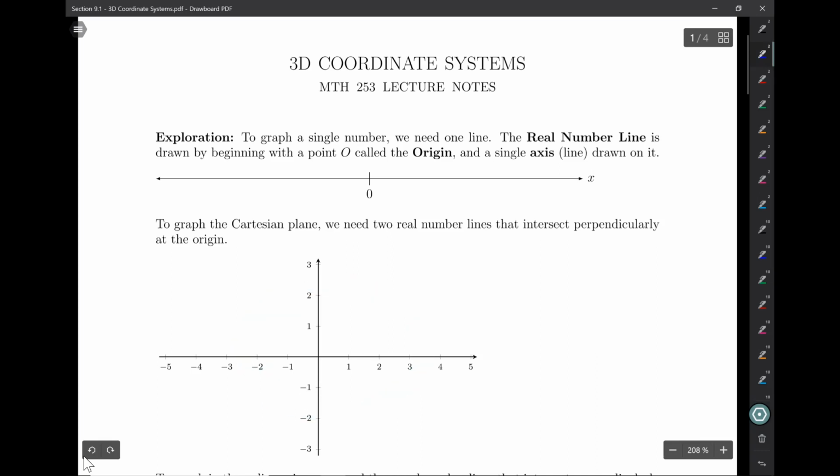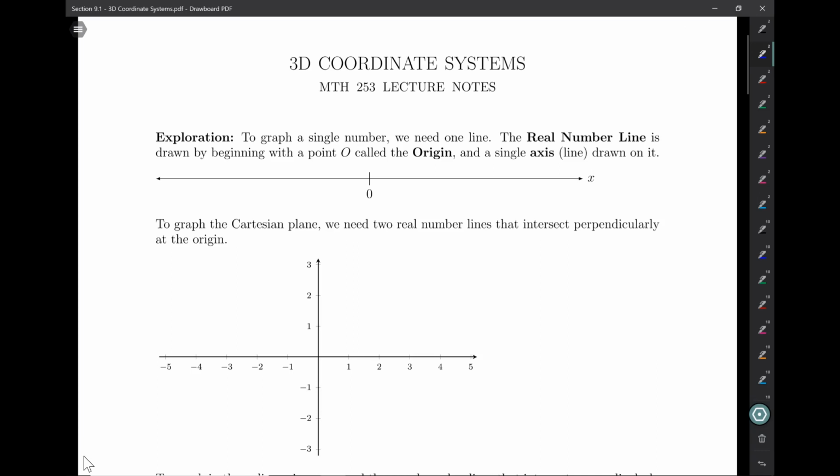But going back to basics, on the single number line here, we begin with a point, the origin, right here. And then we have just one single axis, which is very commonly just the x-axis. We can plot various numbers on here, right? This would be our positive x-coordinates, this would be our negative x-coordinates, etc. And we can graph things on a number line in various ways.